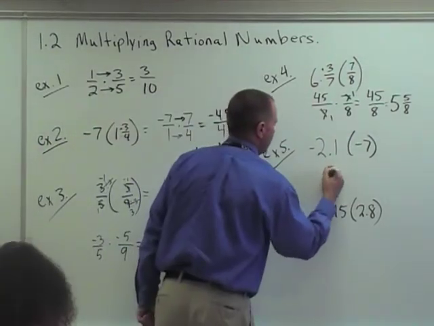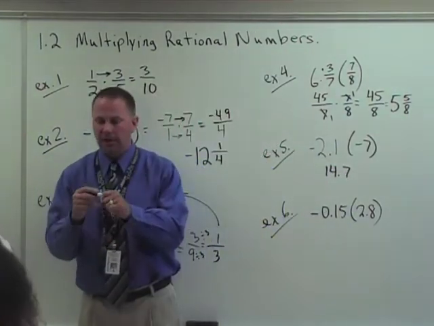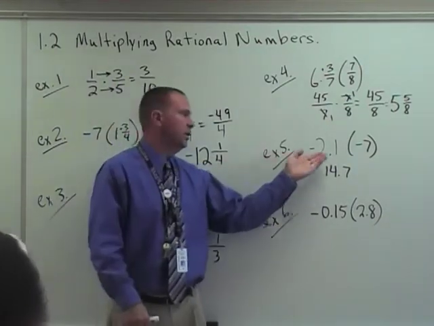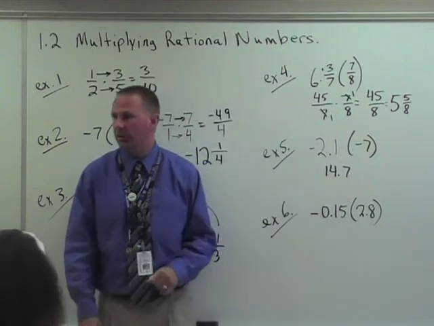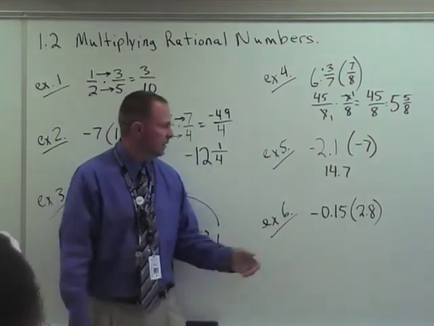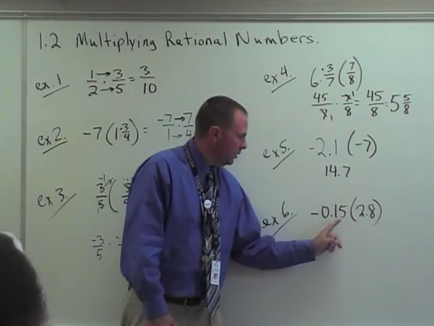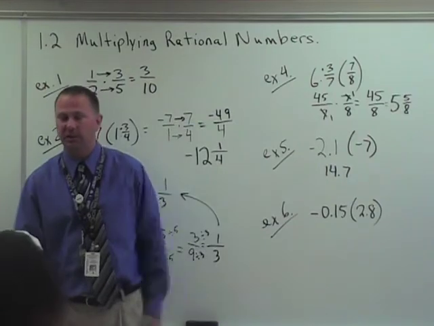So this is going to be 14.7. Is that correct? Yes. How many decimal places are shown in the problem? 1. How many decimals are in your answer? 1. Okay. How many decimal places are shown here? 1, 2, 3. So there better be 3 decimal places in your answer.